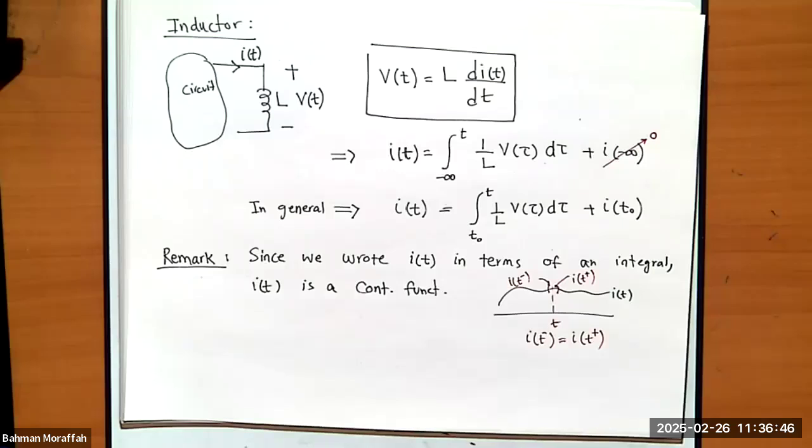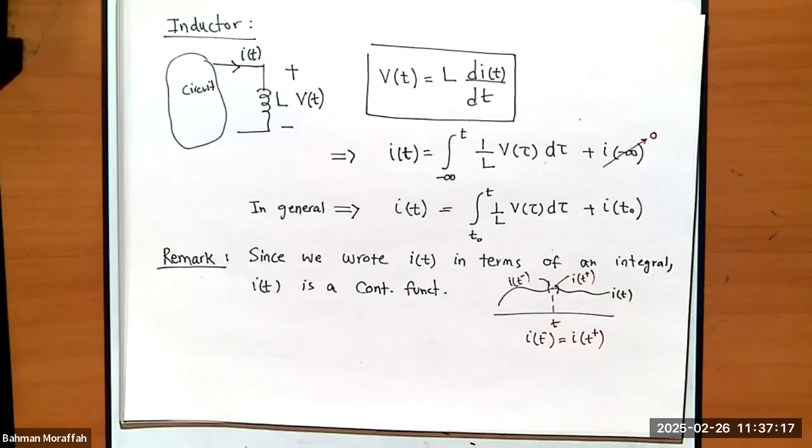And if I do the same thing for an inductor, I prefer to write KCLs for I's to be able to use the continuity condition that we have. We're going to go through that in detail later, but keep that in mind. If I have a circuit that has a capacitor in it, voltage across the capacitor is always continuous. If I have a circuit with an inductor in it, current through the inductor is always continuous.